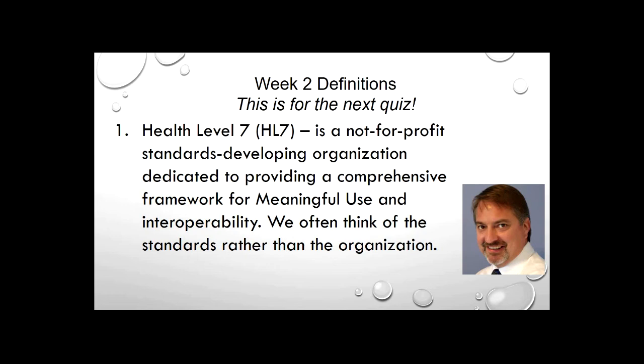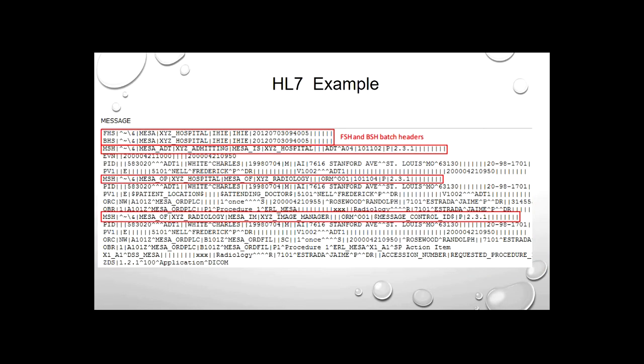So what does it look like? We have a picture of it here. This is an example. You're not required to understand this or even be able to interpret it so much, but you just have to know that this is what an HL7 coding looks like. On the left side in that first column, you have the header information.